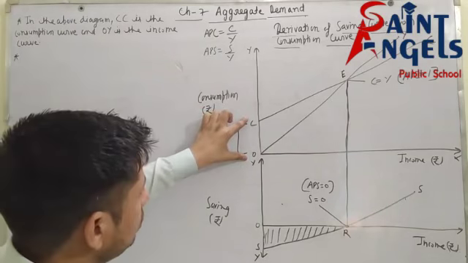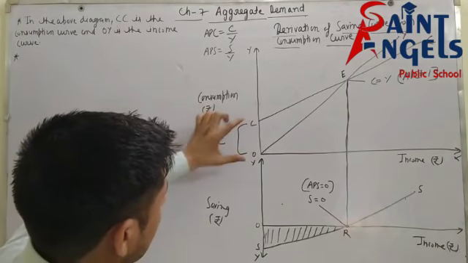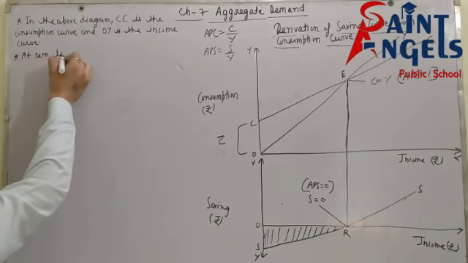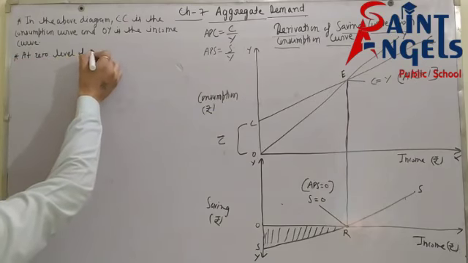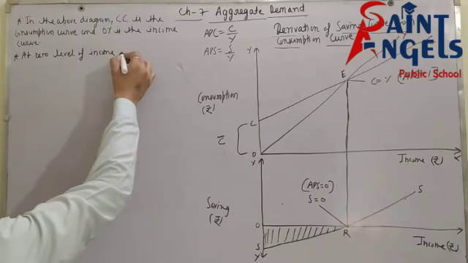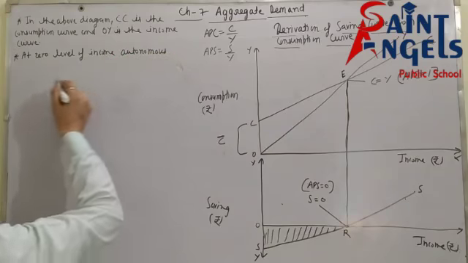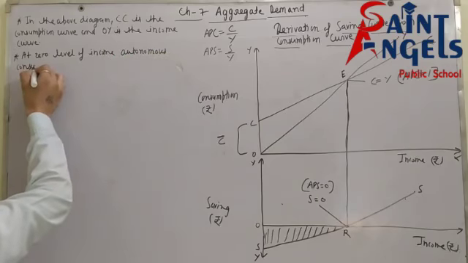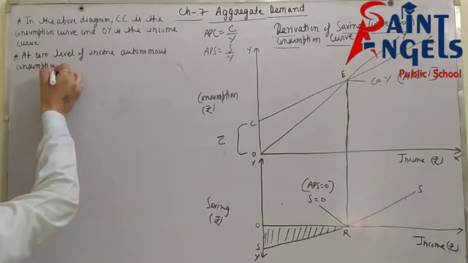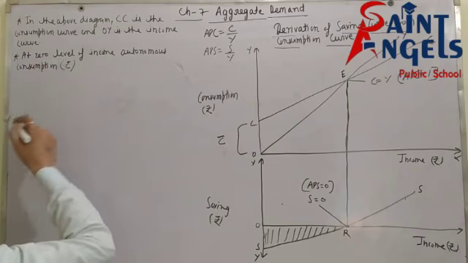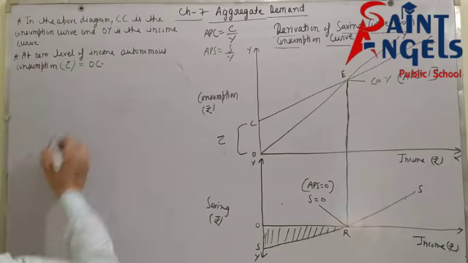At zero level of income, autonomous consumption, meaning C bar, is equal to OC.